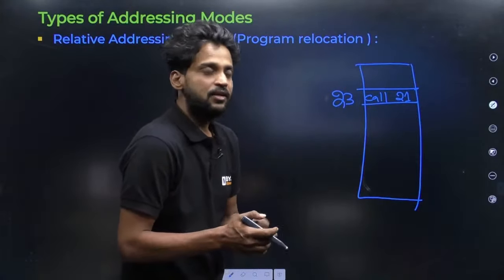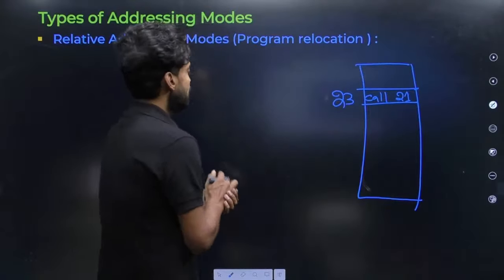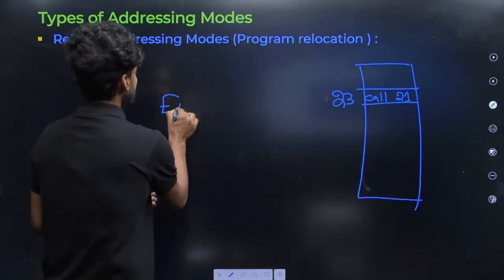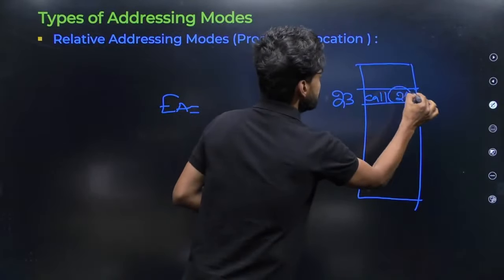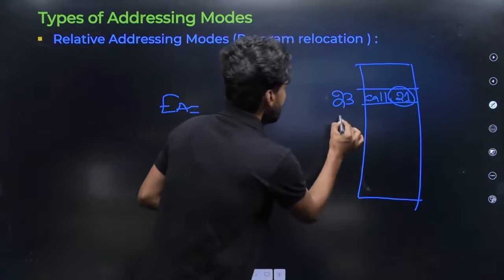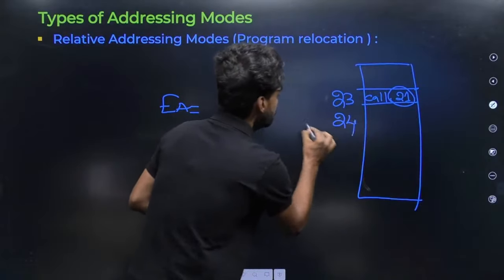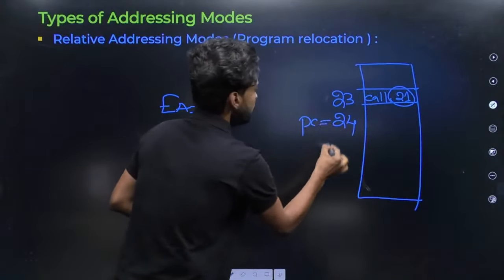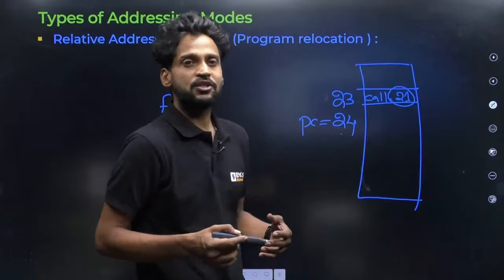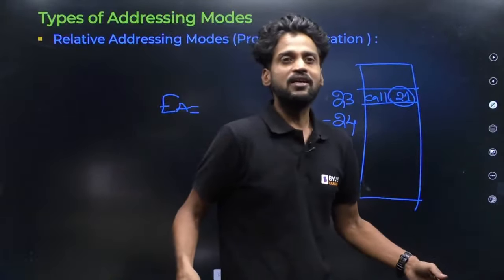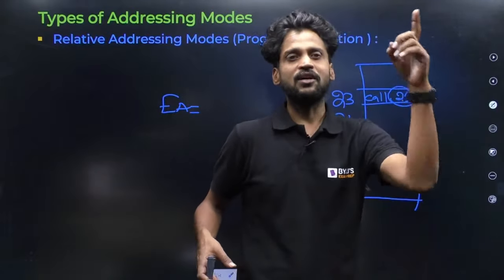Now, if it is in the relative addressing mode, how is the effective address going to be calculated? Here in the relative addressing mode, the effective address will be calculated as the address part of the instruction, that is, the value that is specified in the instruction, added to the program counter value, in order to calculate the effective address of the operand.